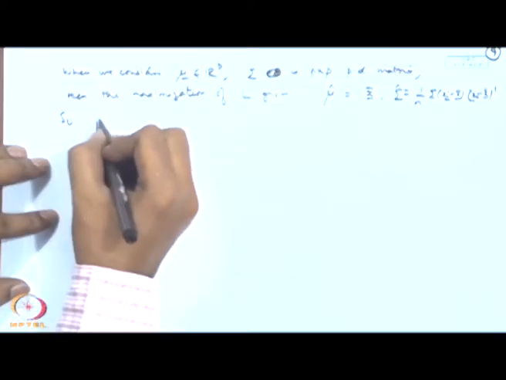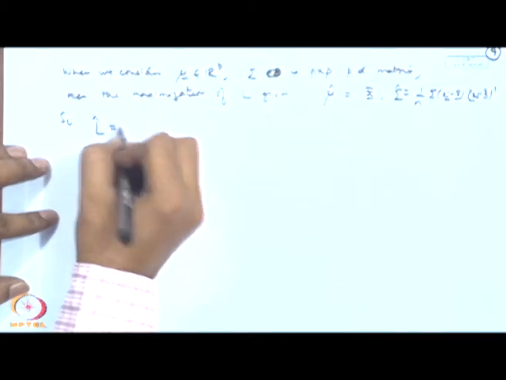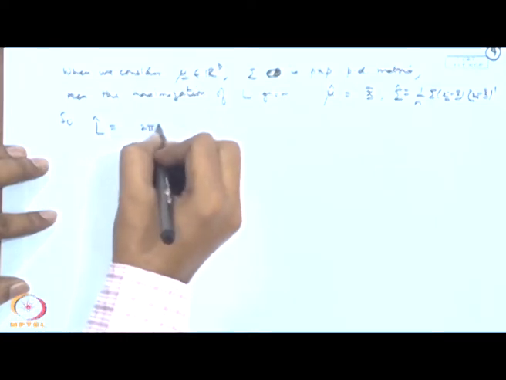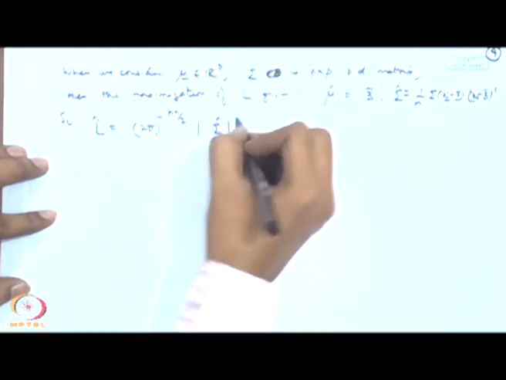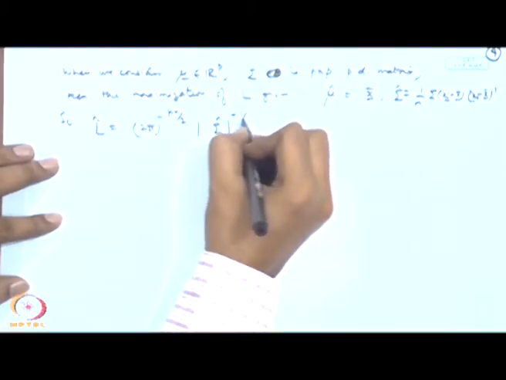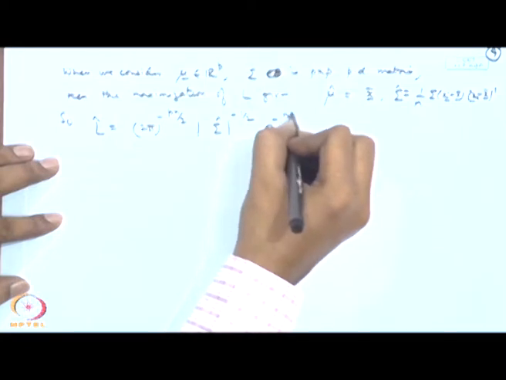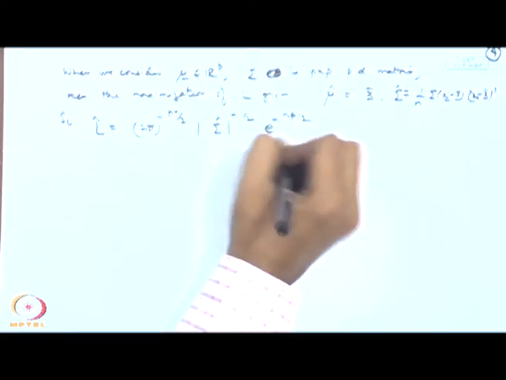Once again, L hat is equal to (2 pi) to the power minus pn by 2, determinant of Sigma hat to the power minus n by 2, e to the power minus np by 2. So, this will be the same part here.